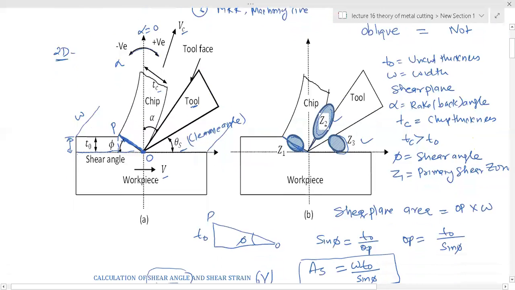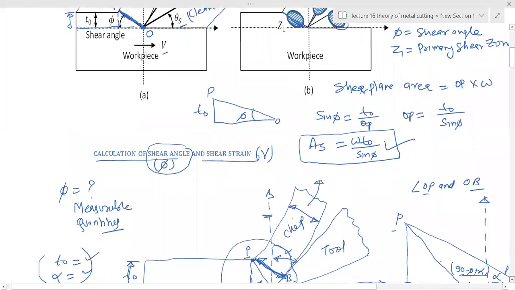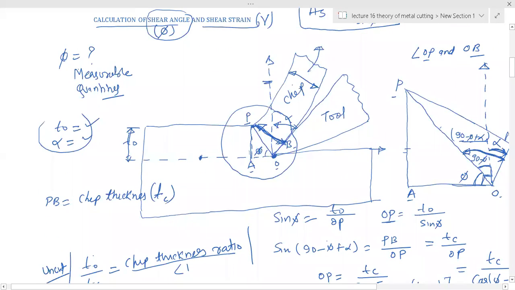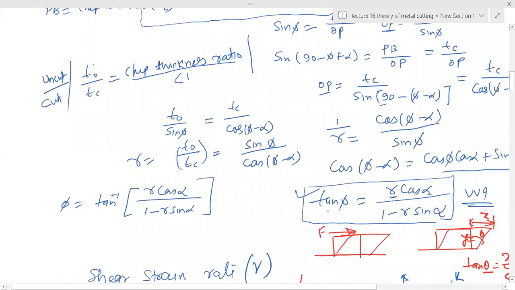So I will just talk about these formulas. Shear area, that is this area, we estimated. Then shear angle: how to estimate the shear angle, that formula we derived. Tan phi is equal to r cos alpha divided by 1 minus r sin alpha, where r is the chip thickness ratio, that is t0 divided by tc, uncut divided by cut, to remember.